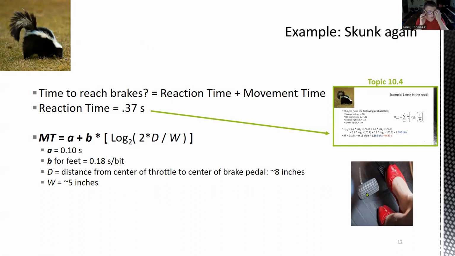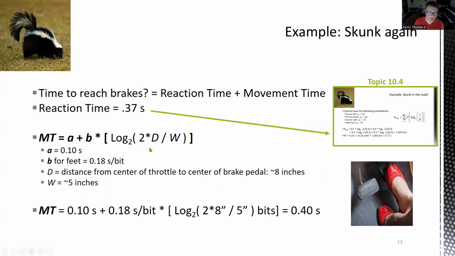You can make other assumptions there, but you have to assume what you're predicting here is somebody aiming for the center of something, but having enough leeway that they don't have to focus too much to make sure it's in the dead center. Okay, but it's not like I'm going only a few, like 3 inches over, right? The 5 inches is the width of this, but it's 8 inches to the center from pedal to pedal.